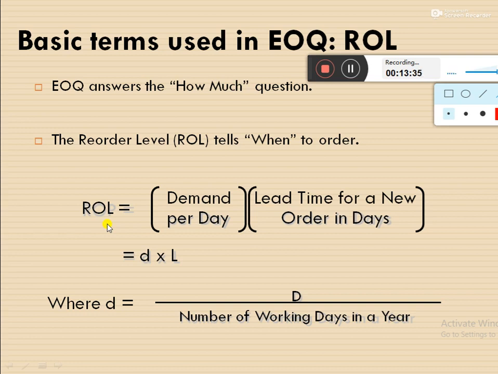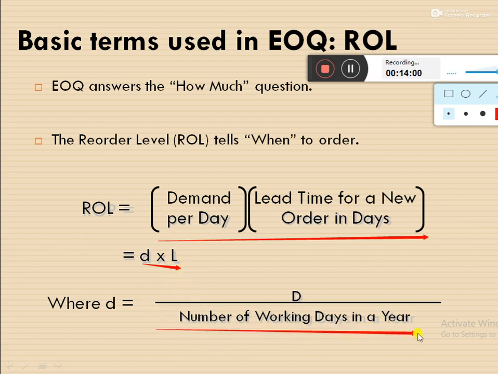The reorder level or reorder point can be calculated by using this expression, that is demand per day multiplied by the lead time for a new order in days. In short, it can be written as D into L, where D denotes demand per day and can be calculated by using this expression, that is total demand divided by number of working days in a year.